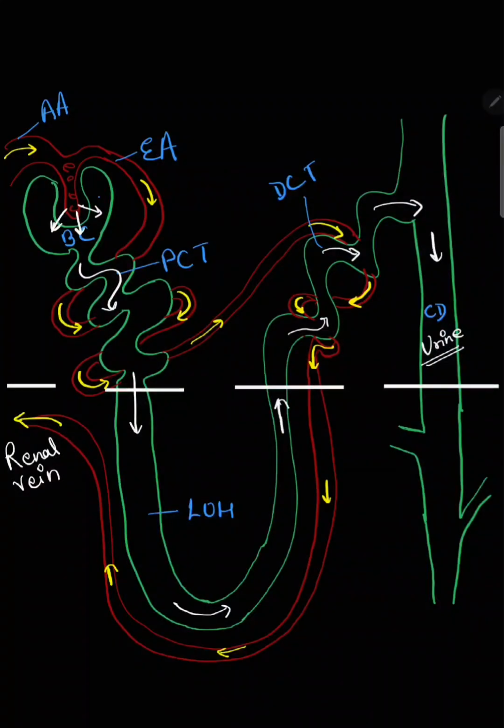Now, in the PCT portion, whatever has to be put back into the blood will be reabsorbed. So this is called reabsorption, because every portion has a blood capillary near it, so it can be reabsorbed.